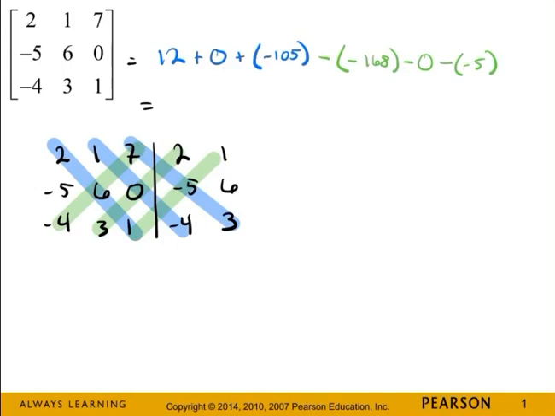So is that a negative 93? We can just go ahead and do plus 168 and then plus 5. That's a 7 and 68 is 75. So it looks like it's an 80. We got 80 when we did it.